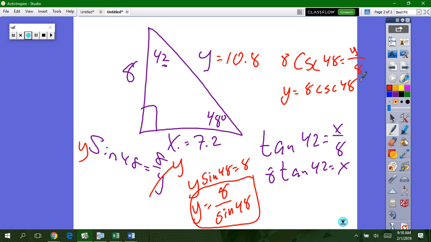But what is cosecant of 48? So either way, we're solving. Either way, I'm just showing you different ways to think about it. Any questions there? Do I need to do another one of these, or are you still okay? This should be pretty much all reviewed.